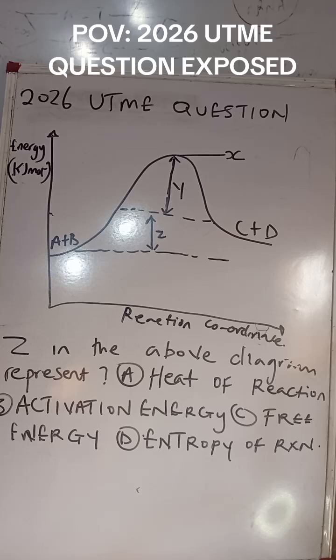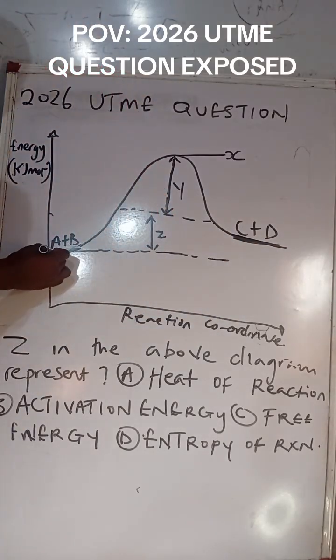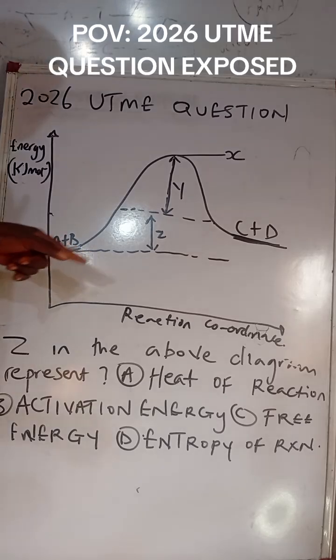Now, in the reaction A plus B, there'll be two ends in the graph, pardon me, in the curve. So the curve is going to start somewhere here and end somewhere here. This part is the reactant, this part is the product, and this axis is energy.